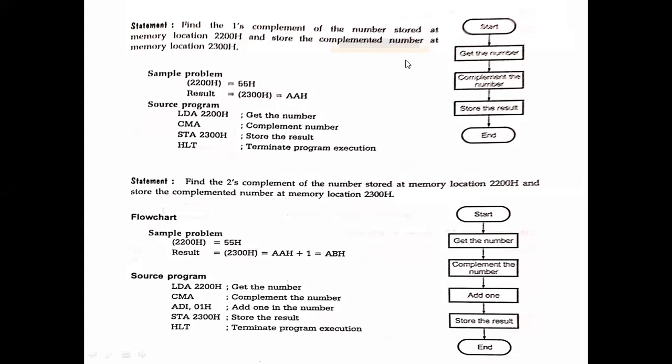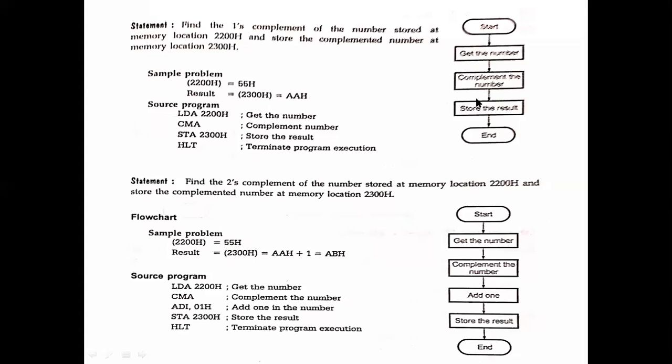the ones complement of the number which is stored at a particular memory location. 2000 is the memory location where the 8-bit number has been written, and the number which is stored at 2200 is the memory location, and we have to take the ones complement.